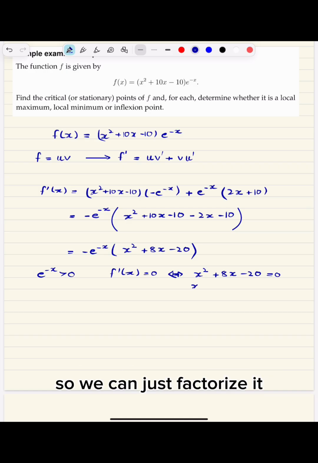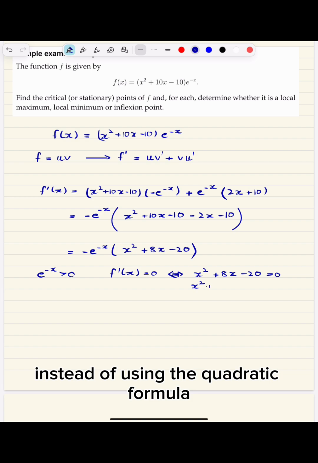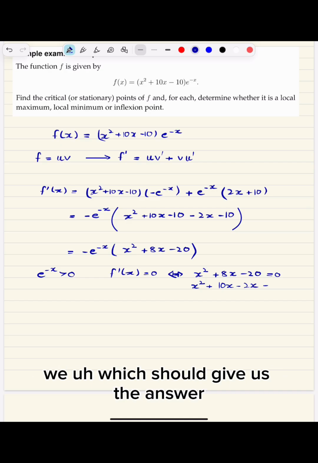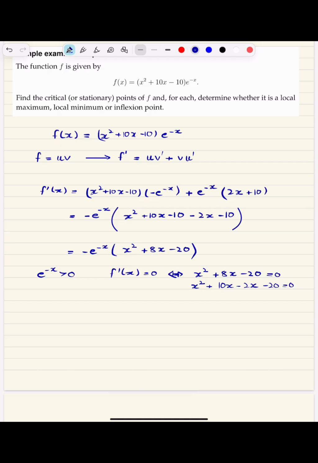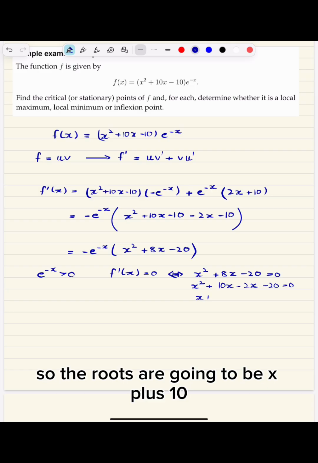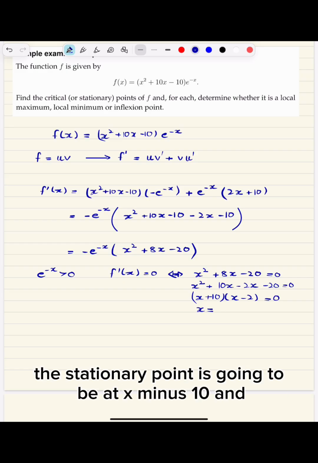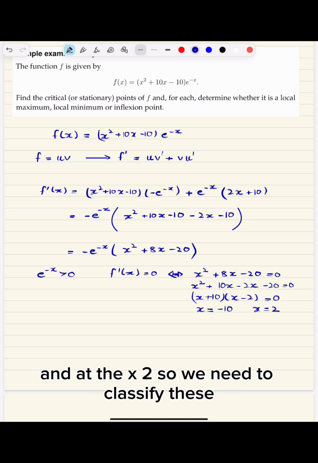So we can just factorize it instead of using the quadratic formula. We'll have 10x minus 2x, which should give us the answer. So the roots are going to be x plus 10 multiplied by x minus 2 equals 0. So the stationary points are going to be at x equals minus 10 and at x equals 2.